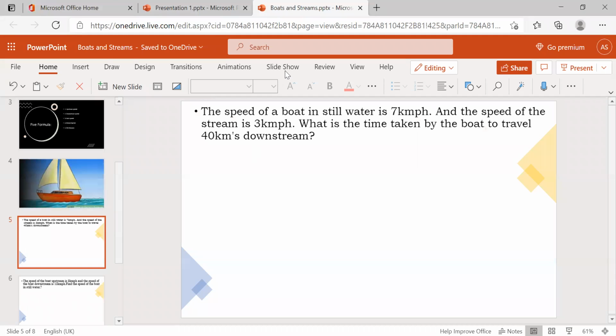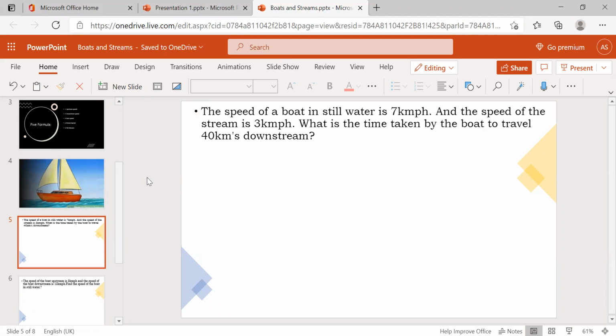Now, first problem, see here. The speed of a boat in still water. Still water is nothing but boat speed, only boat speed. Still water means no flowing of the water.